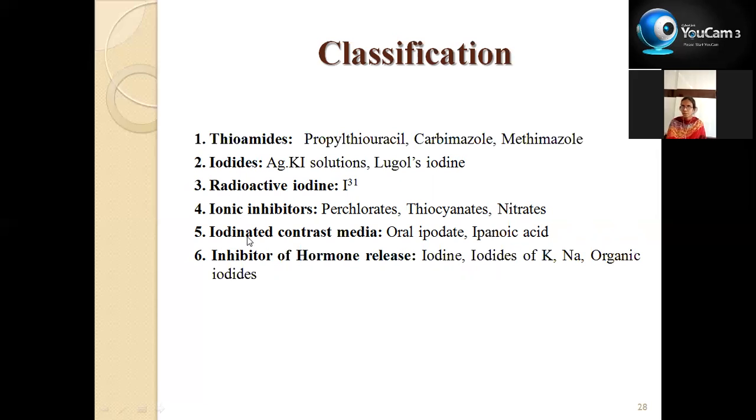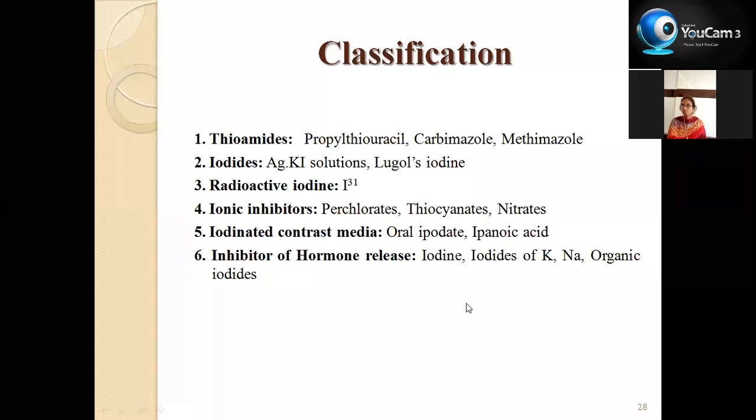Next, iodinated contrast media: oral iodates, iopanoic acid. Next, inhibitors of hormone release: iodides of potassium, sodium, and organic iodides.